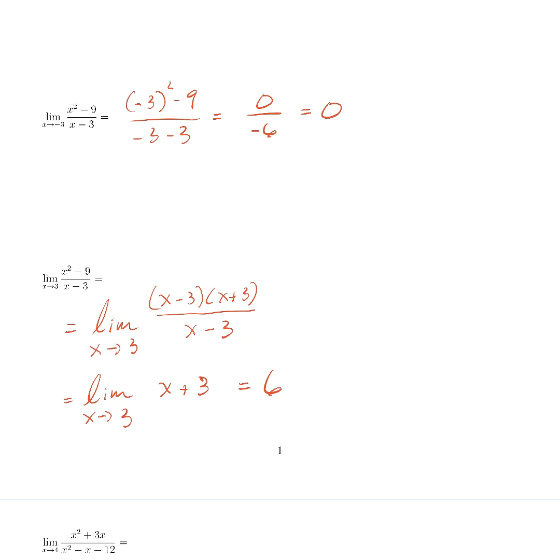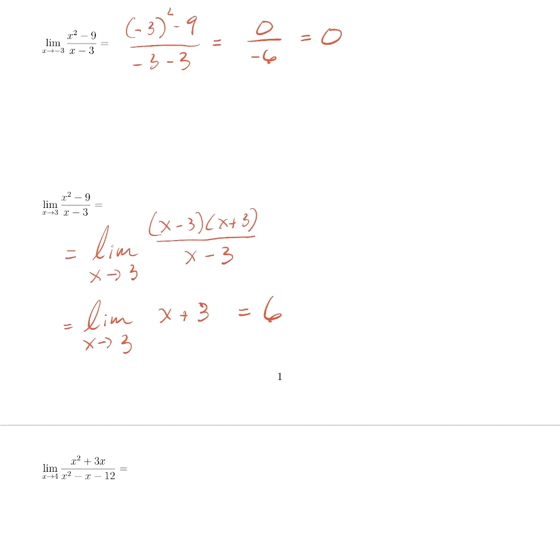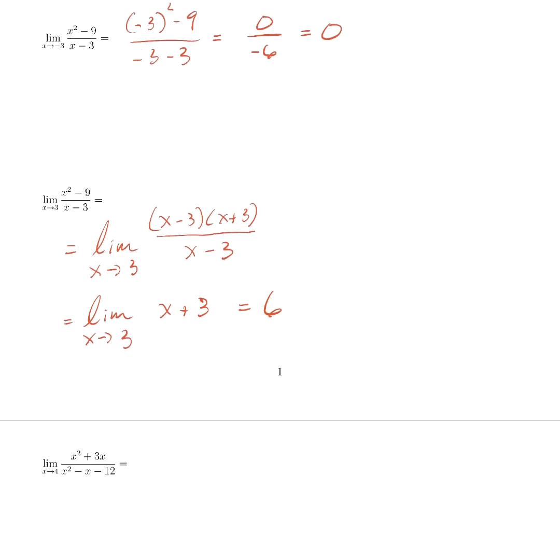Okay, I'm not making a claim here that x squared minus 9 divided by x minus 3 is the same function as x plus 3, just that as x approaches 3, their limits behave exactly the same. They're approaching 6.